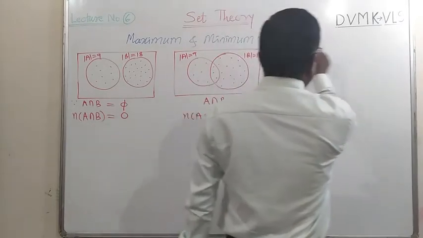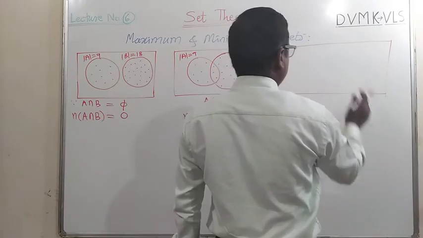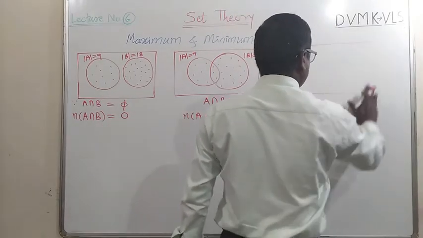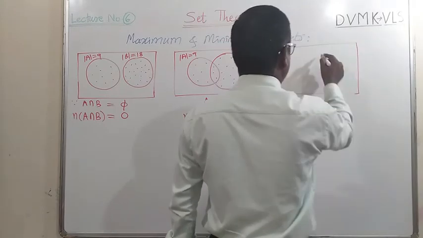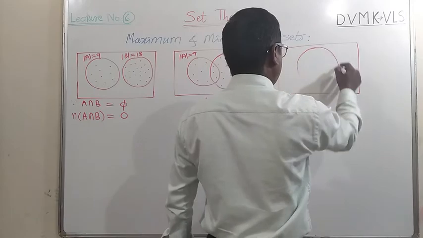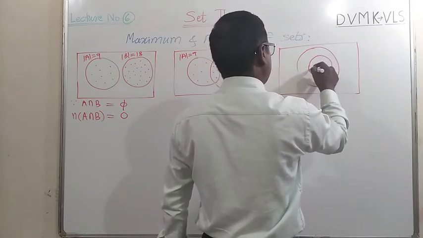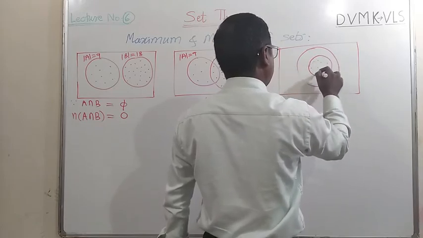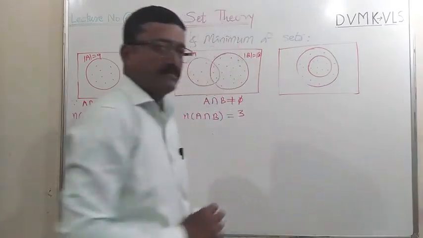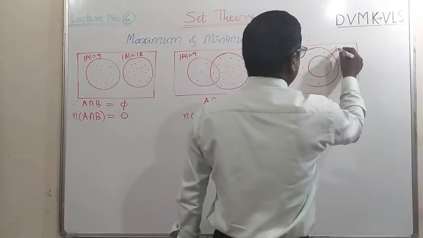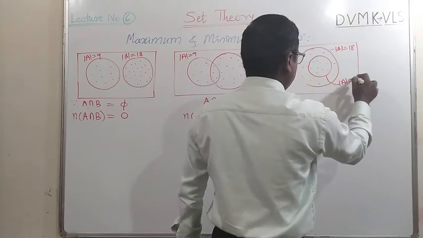In the third situation, set B contains set A. Here the number of elements in B will be 18 and the number of elements in A is the same, 9.